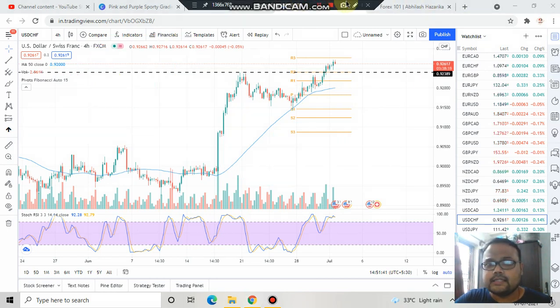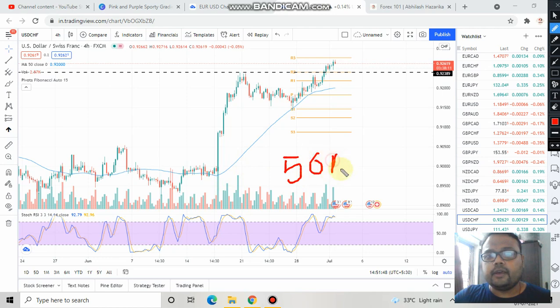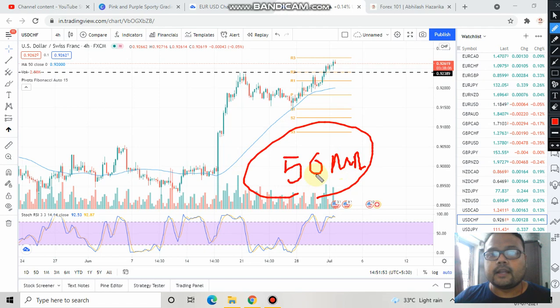And right now we can see that this 50 moving average is trying to act as a support for the market. I will not say that this 50 MA is a very crucial or very important support, but still we can see that it is trying to provide support to the market. And right now market is trading here.